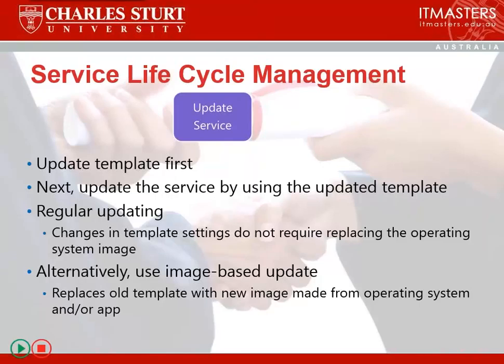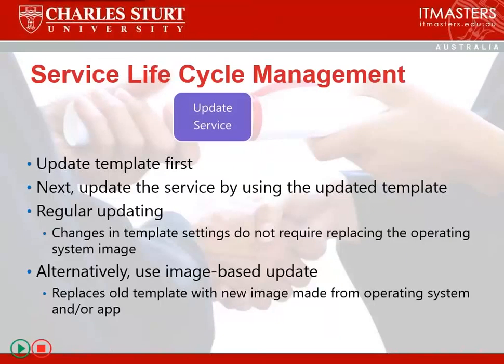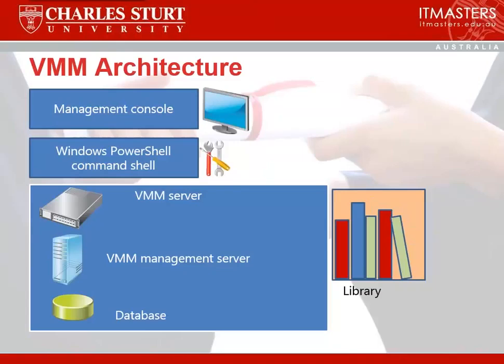It has, for example, templates where you can build virtual machines. It has the update service where it can update all the machines, even if they're offline in your VMM environment. Or it will create an image-based update for you, which can easily replace your old templates of your operating system image, and it will make sure it's patched all the time. So VMM has many enterprise features.